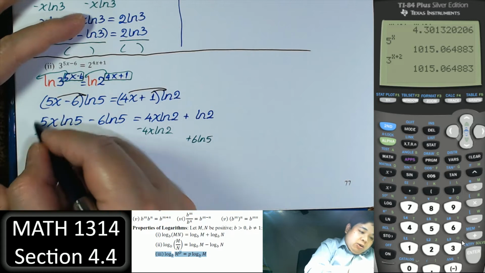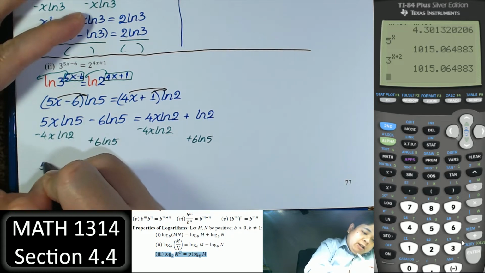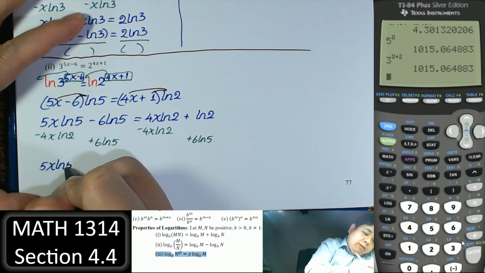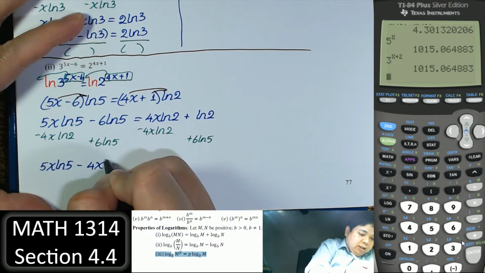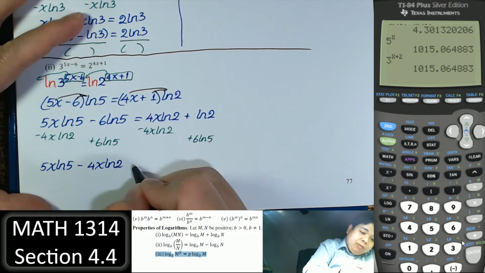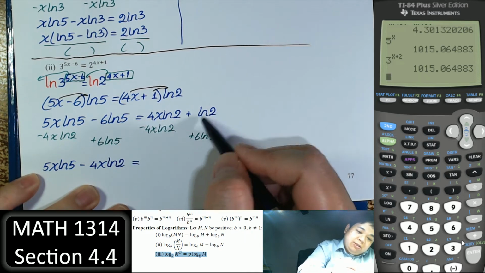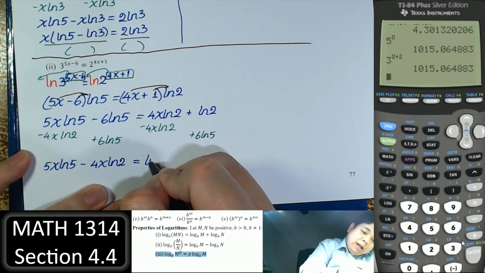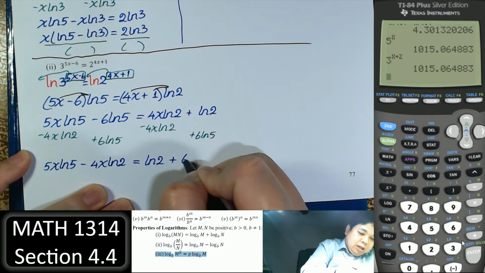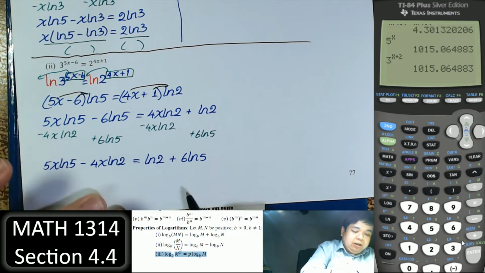Right, so we have this 5x ln of 5 minus 4x ln of 2, and that cancels, equal to ln of 2 plus 6 ln of 5.